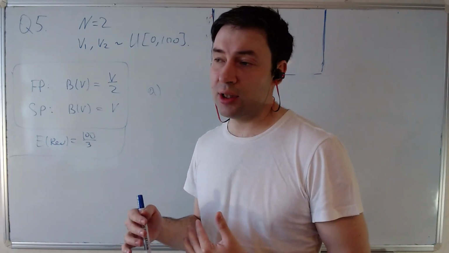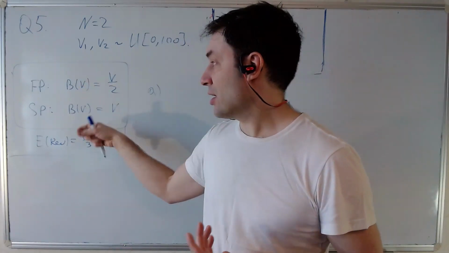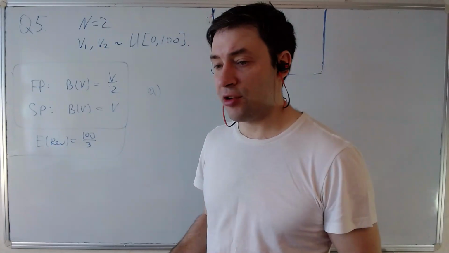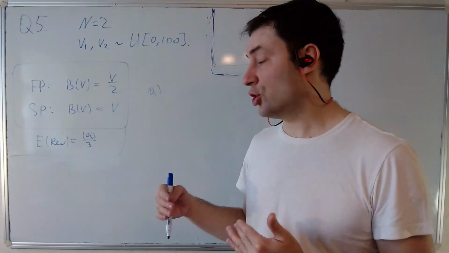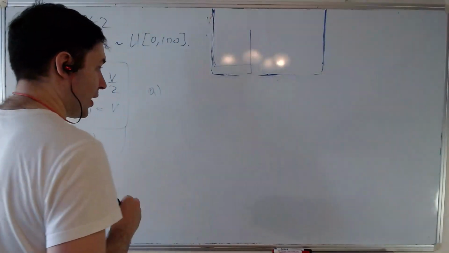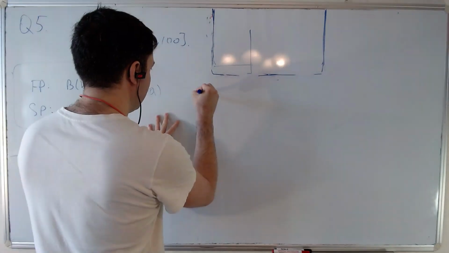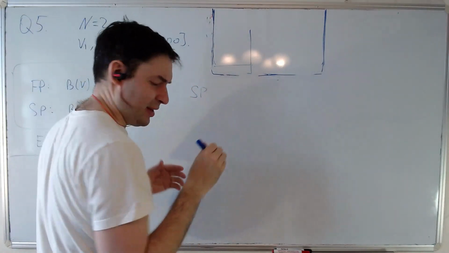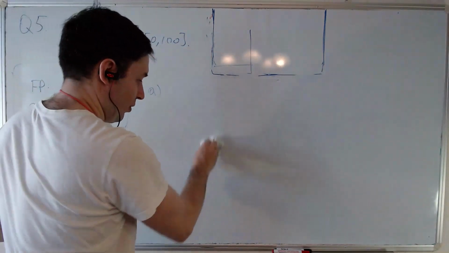Therefore, this auction will generate in expectation exactly the same revenue as any of the standard auctions. As a result, you have an easy way to figure out what the bidding function should be. Let's see how we can use it. We'll start with the second price auction, well, we don't have to start with it. We already have the revenue equivalence here.